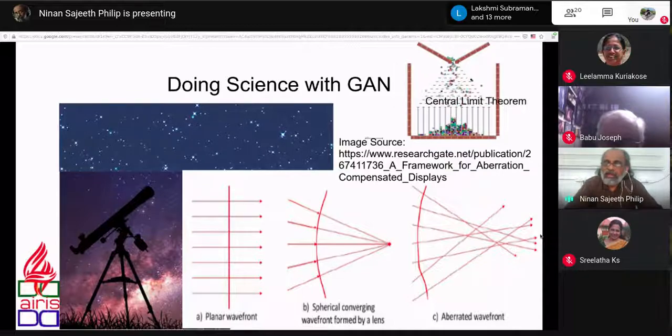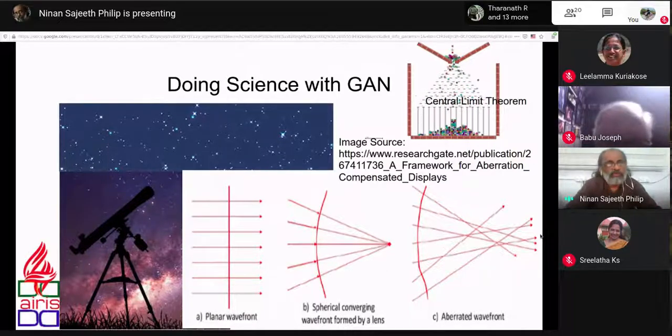It's practically impossible to track back a Gaussian process to say which beam of light got deviated and which beam is coming straight. This is illustrated by the central limit theorem, which tells us that this will produce a Gaussian distribution.